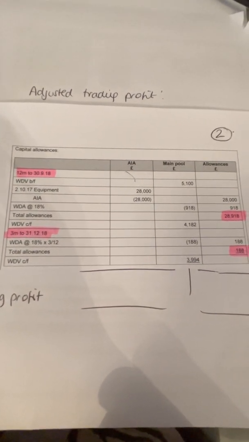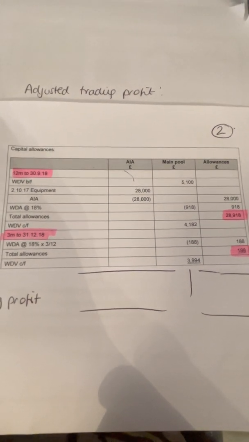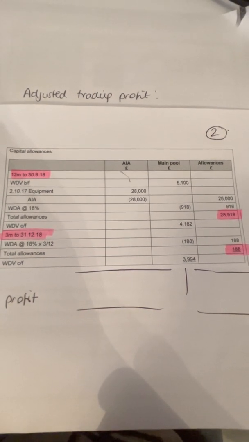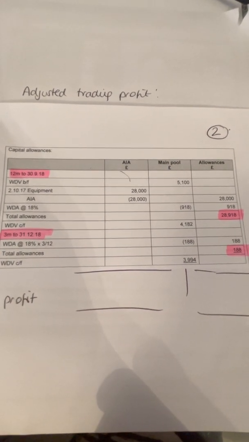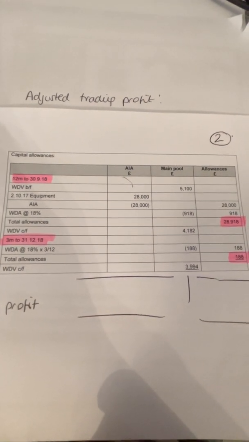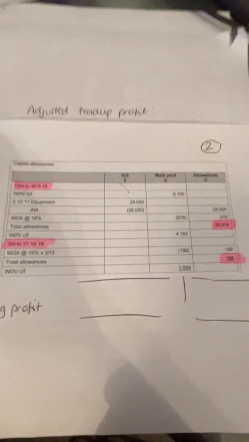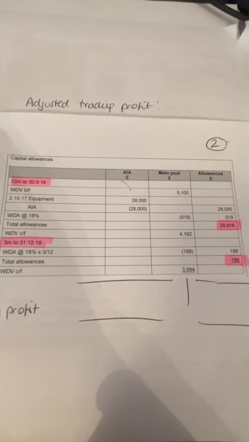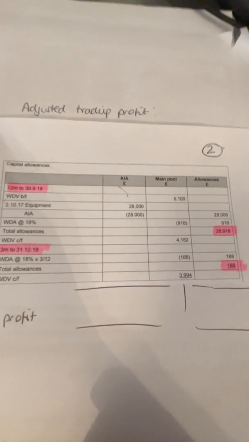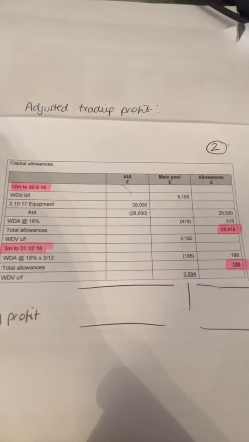I've given AIA on the equipment and then WDA, which gives me total allowances for the 12-month period of 28,918. And then in the 3-month period, there was only WDA to give, but here you can see that's been time apportioned to 3 months out of the 12. So therefore, the capital allowances for the 3-month period is £188.